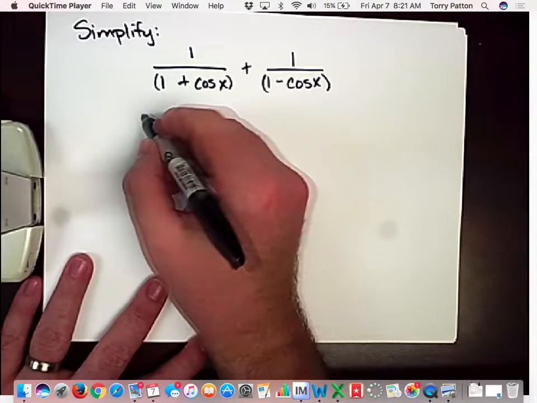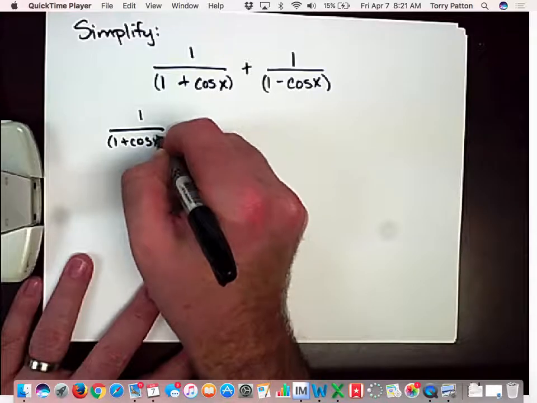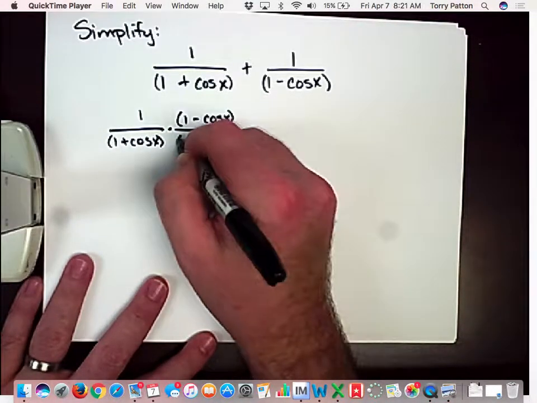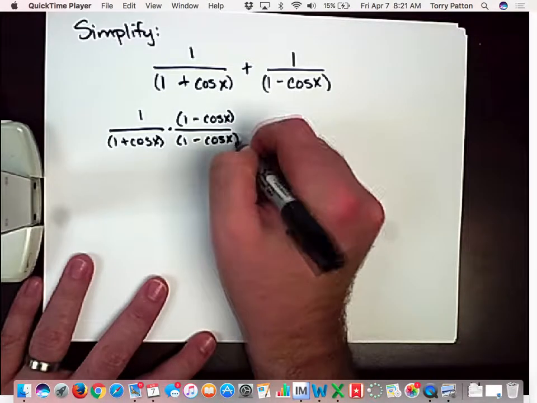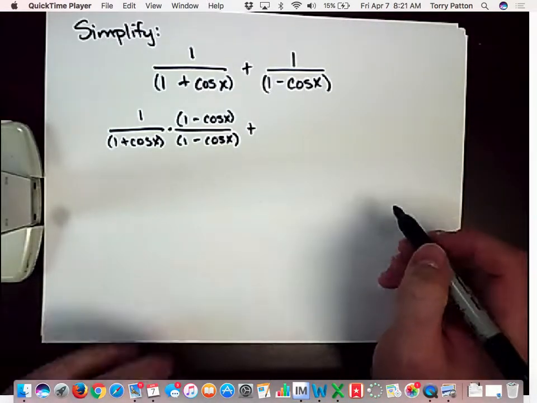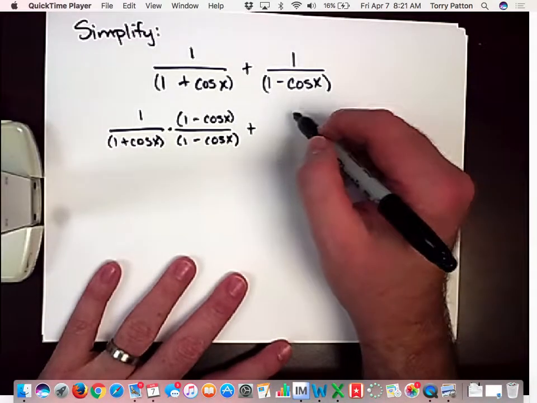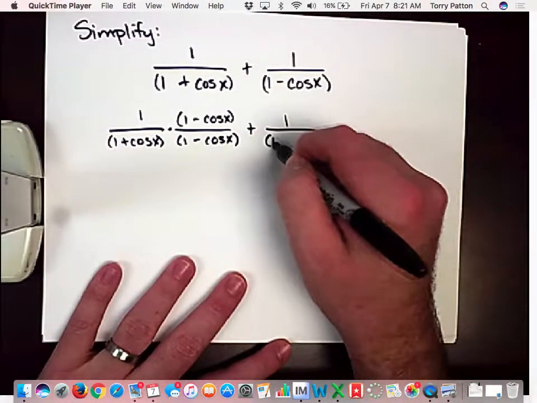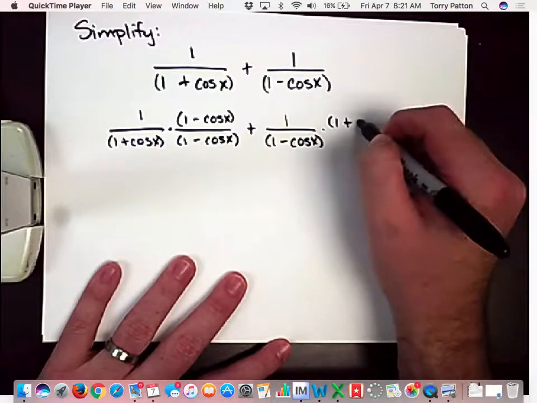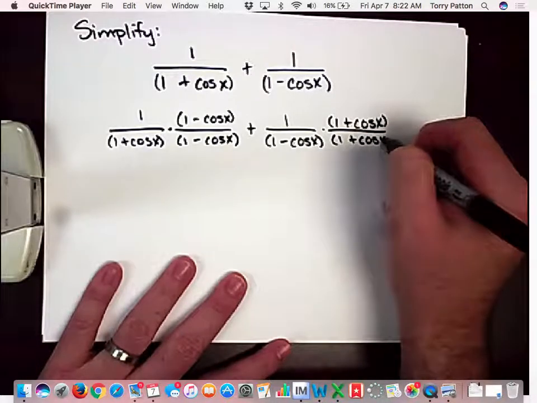Right, so what we have is 1 over 1 plus cosine times 1 minus cosine x over 1 minus cosine x, right? Plus, what do we have to multiply top and bottom by here? 1 plus cosine. So we've got 1 over 1 minus cosine x times 1 plus cosine x over 1 plus cosine x.